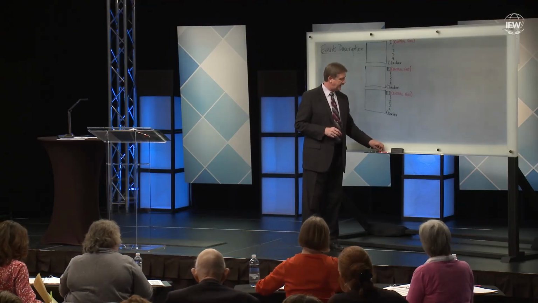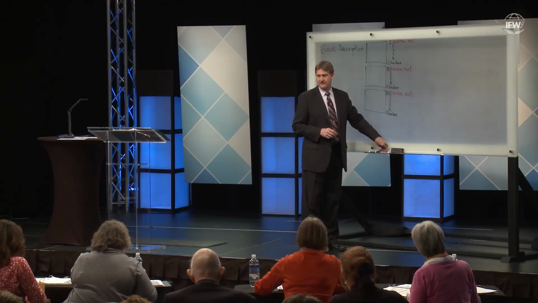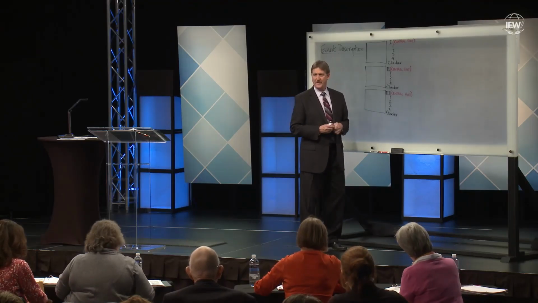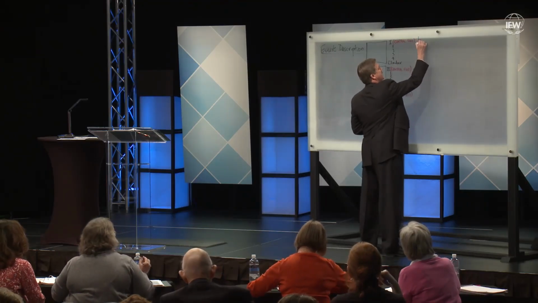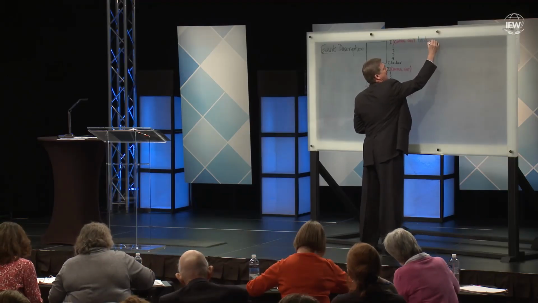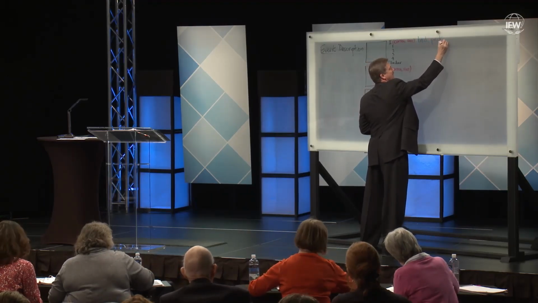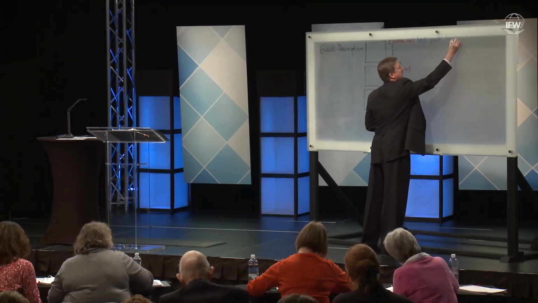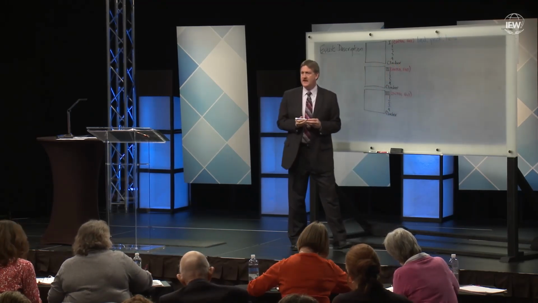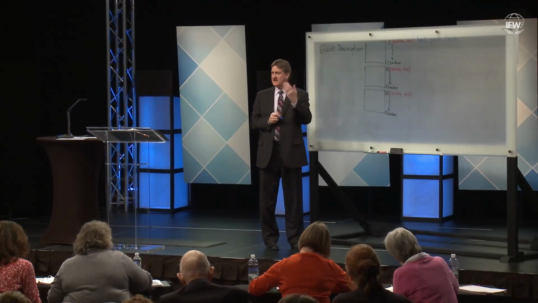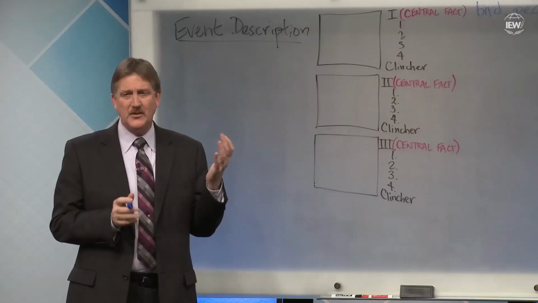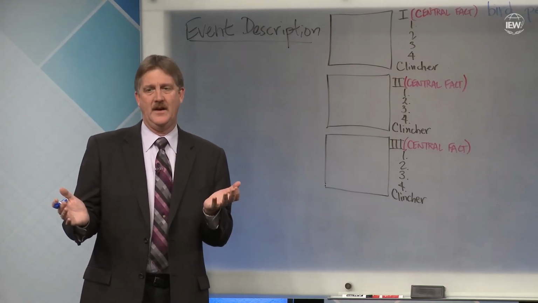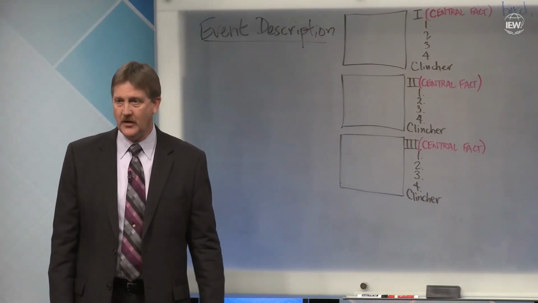What do you see in that picture? Okay, you see there's a bird, and the bird is pecking at a hose. Okay, that's what you see. That's the central fact. Now, you have to write a whole paragraph about this bird pecking this hose.